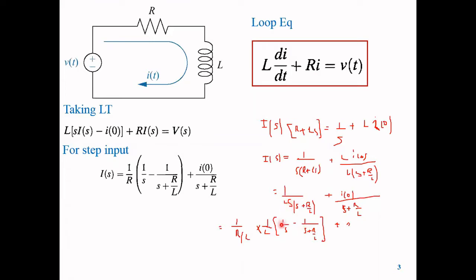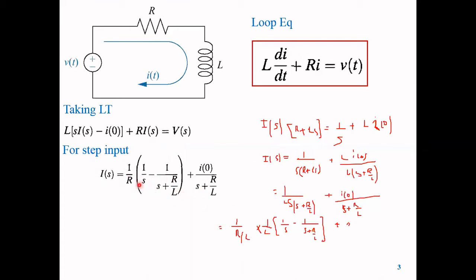Separating this 1 over s and taking common, we get this minus sign, so s will be cancelled out with this s, and R over L will be here in the numerator. To balance this, we have divided with this ratio R over L here. Now this inductance will be cancelled out with this inductance, and our required equation will be in this form.